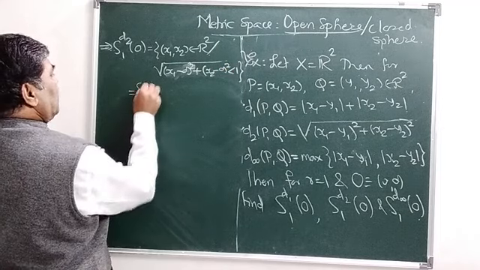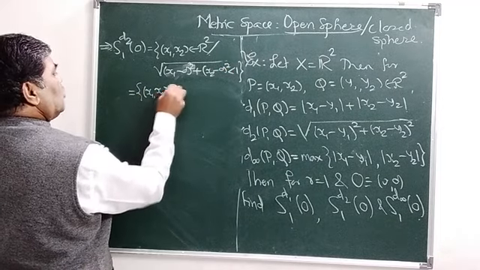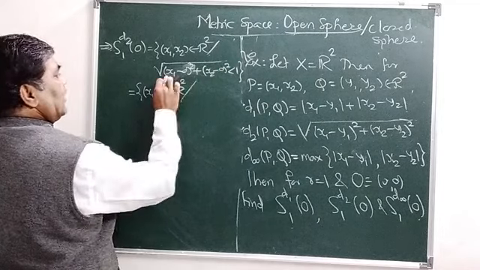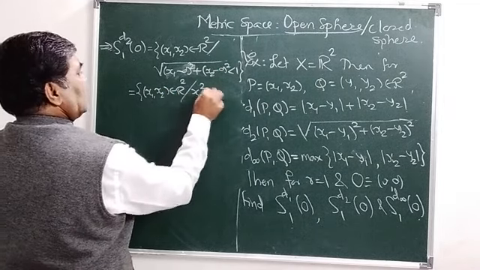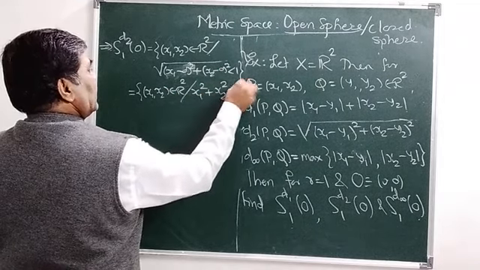By squaring, this is the set of (x1, x2) such that x1 squared plus x2 squared is less than 1.